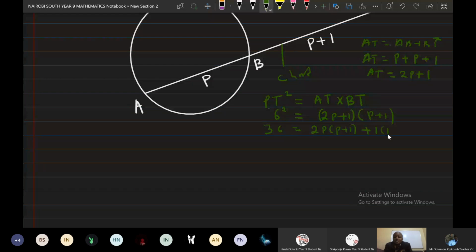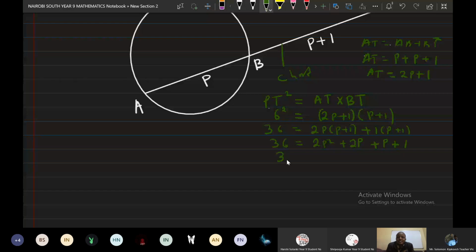That is quadratic expansion. So 2P times P is 2P squared. 2P times 1 is 2P. Then 1 times P is P. 1 times 1 is 1.